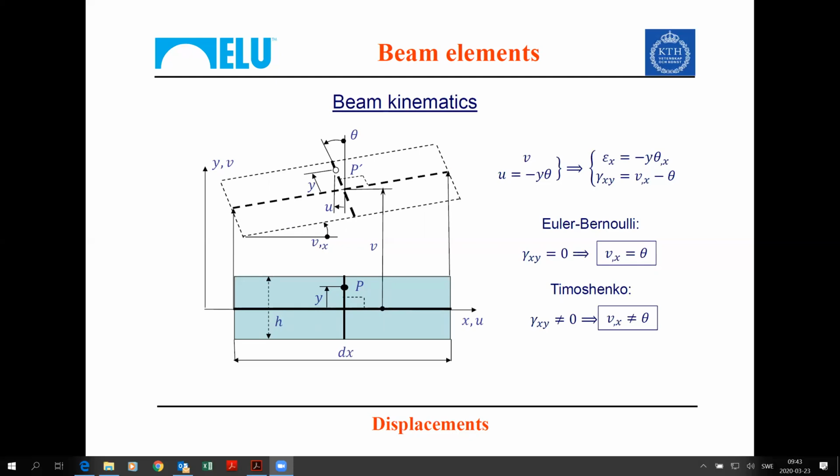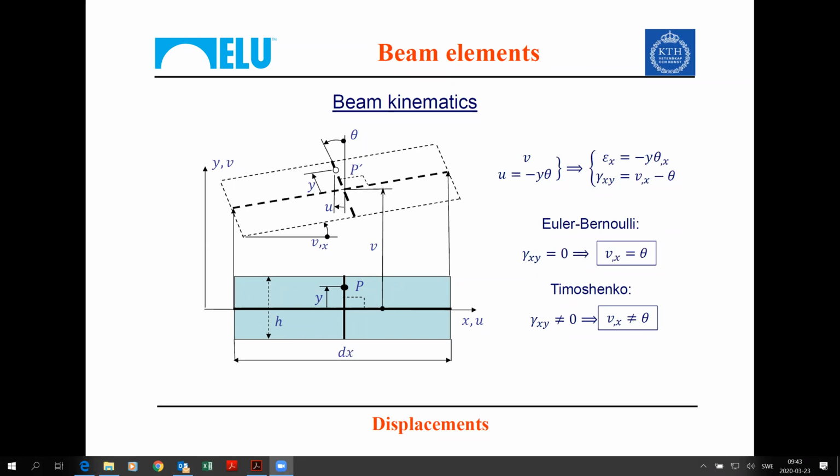Do you agree with me? So all of a sudden, we have the second order derivatives, which are required to define epsilon for bending. We are no longer in a situation where we could use just the first derivatives of the axial displacement. We will need to use the first derivative of the rotation, that is, for the Euler-Bernoulli beam, the second derivative of the bending displacement v.